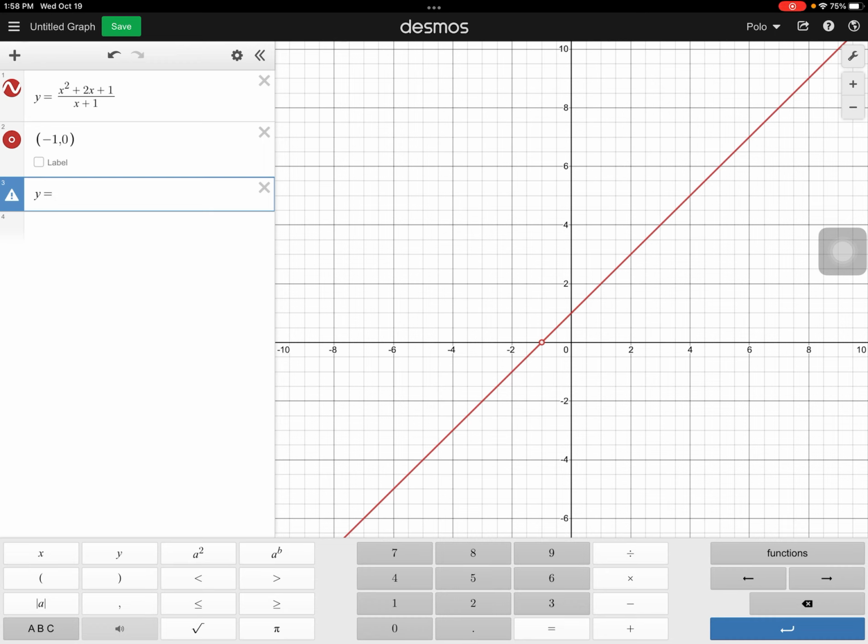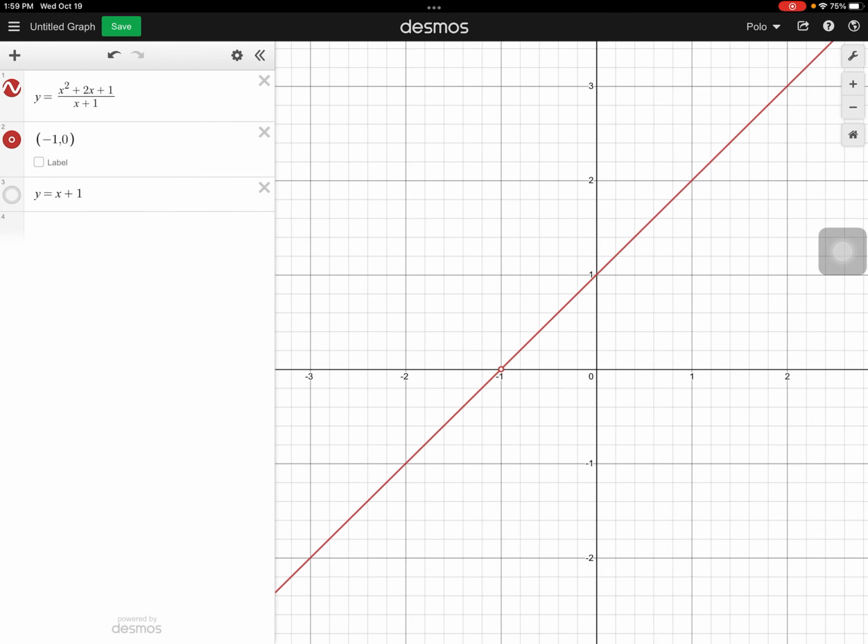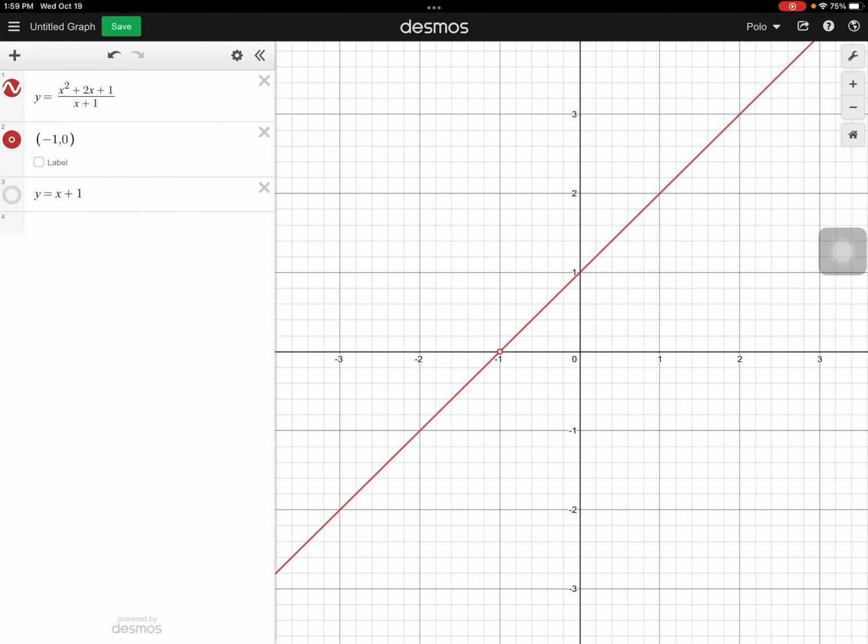And if I type in the simplified form of this function, you see the green line right there. The green line does not have a hole, but the other function does. If I remove it versus if I play it, they both have the same behavior. The end behavior is the same. The only difference is that the original function has a hole at negative 1, 0.